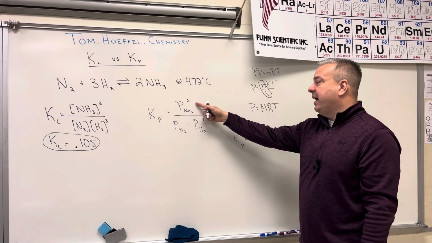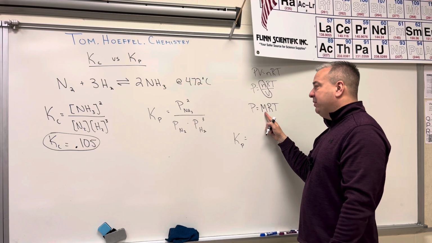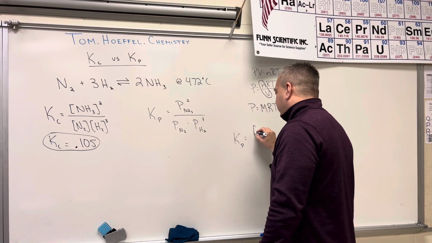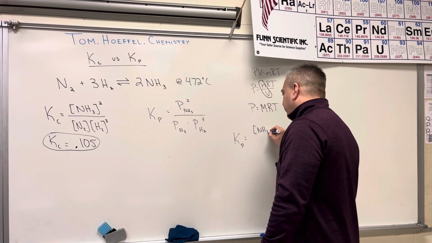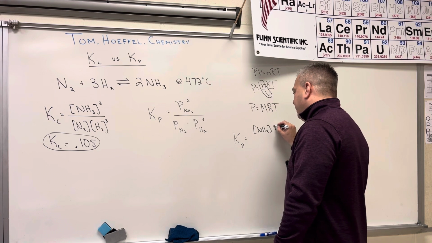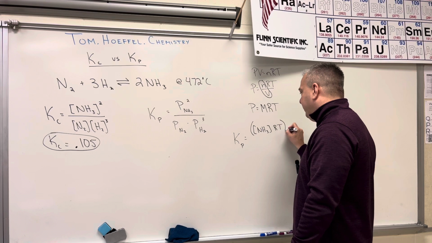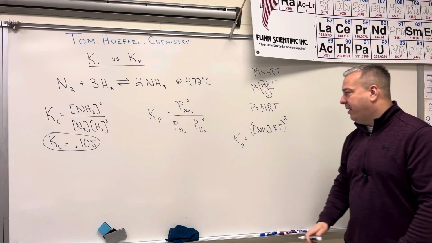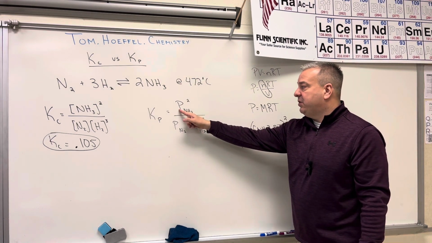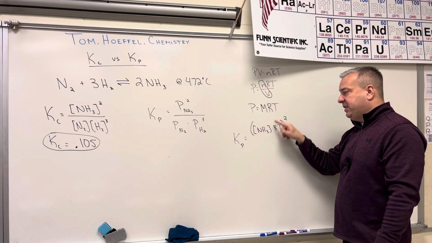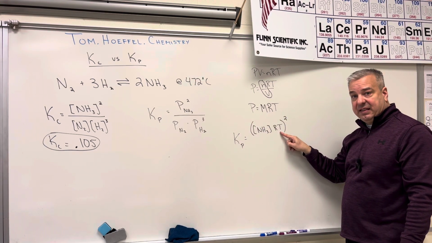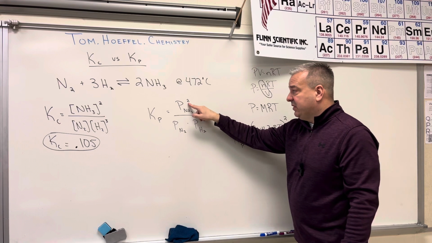Well, in the numerator, instead of pressure, I'm going to do molarity of the NH3, and remember, that's going to be multiplied by the factor of RT, and all of this is going to be to the second power. So the substitution of P for MRT looks like this, to the second power.